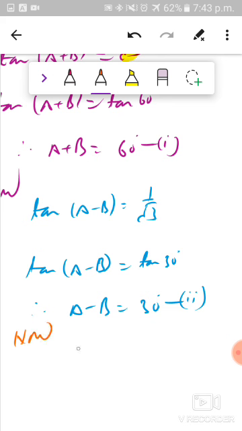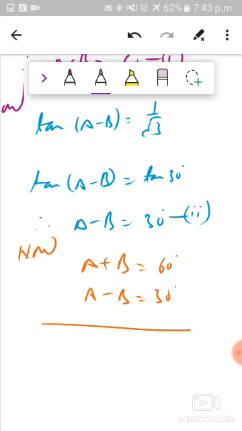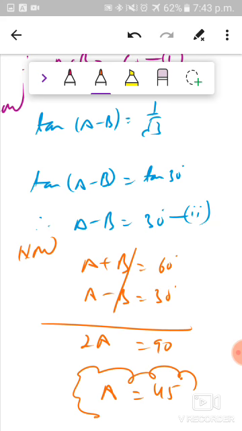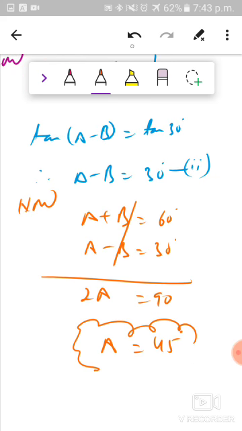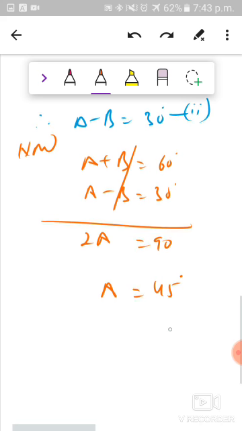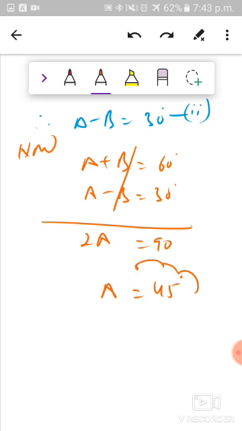Now a plus b is 60 degree, a minus b equals 30 degree. So b cancels with b, that is 2a equals 90 degree. So a is 45 degree. Now that we got angle a, we can easily find angle b.